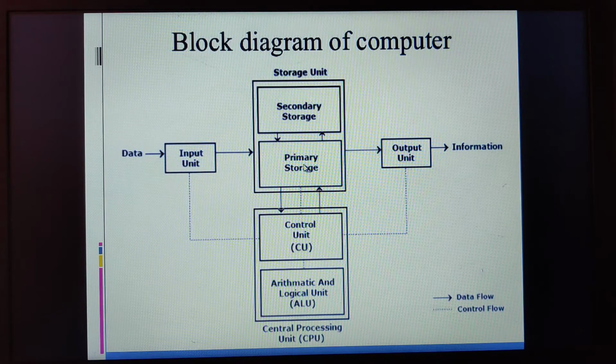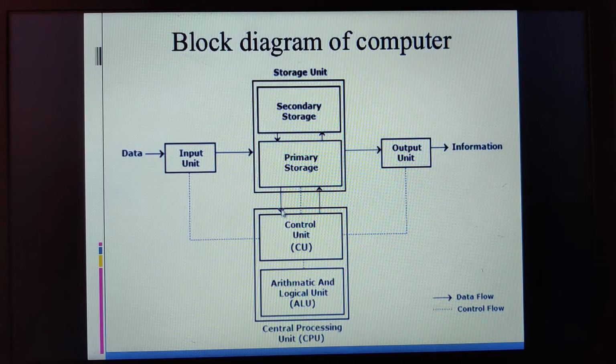After it gets stored in the primary storage, it will know that this is a new instruction it has received, and it has to be processed. So for processing, the primary storage unit will forward that instruction to the processor. Combining the control unit and the ALU makes the processor, or the central processing unit. The primary storage unit will send those instructions to the control unit.